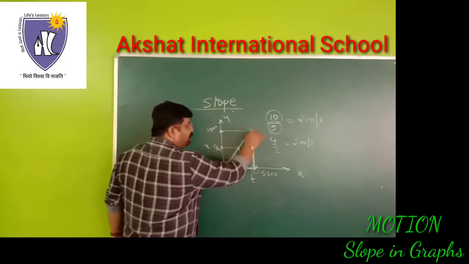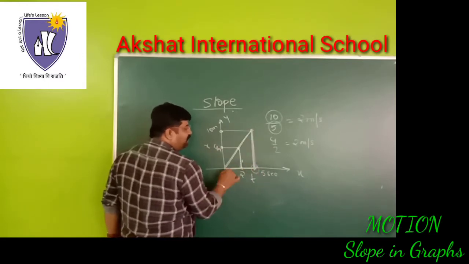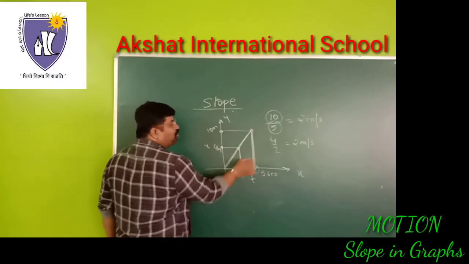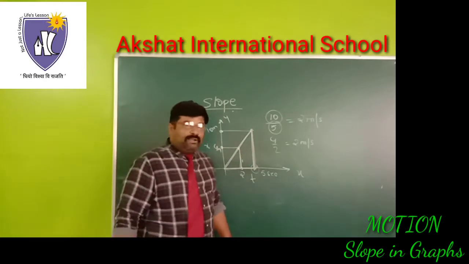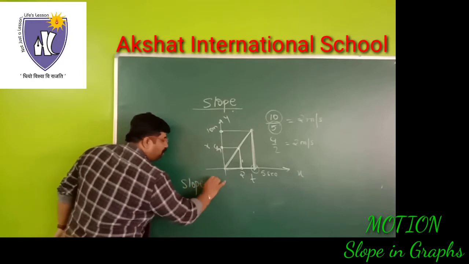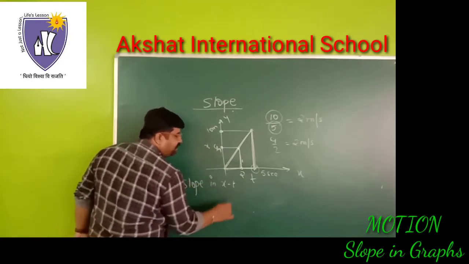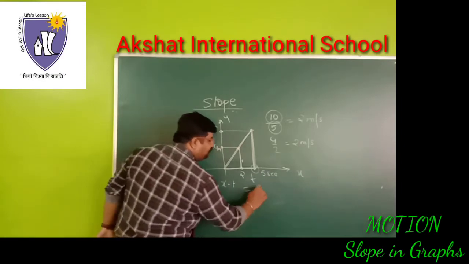So if we take the ratio of these two, that is, this is the perpendicular and this is the base, we'll get the slope. So we can say that the slope in a distance time graph, say the x-t graph, represents the speed.